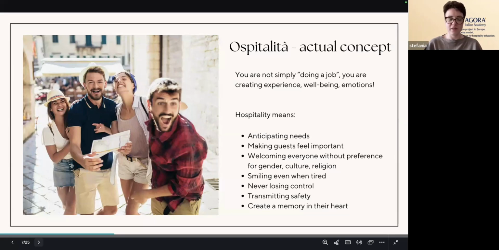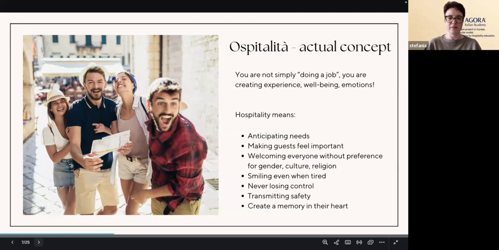Transmitting safety, even in normal situations, but much more important in difficult situations. We have to take care of the guests and make them feel like they are in a safe place. And last but not least, create a memory in their heart. It's a very important meaning. I think that if it's the first time you are doing this experience, you will face a lot of different situations.